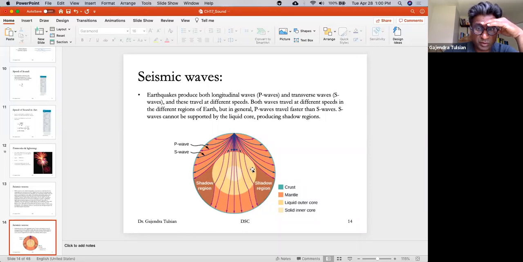And that's how we know that this outer core is liquid. So you see the earthquake occurred here, and the S wave traveled only till that point. And this is all shadow, for there's no S wave reaching these points on the earth. Anyway, so from studying how these waves travel, we have reconstructed the internal structure of the earth.